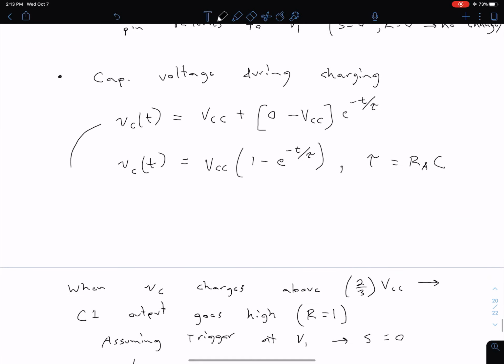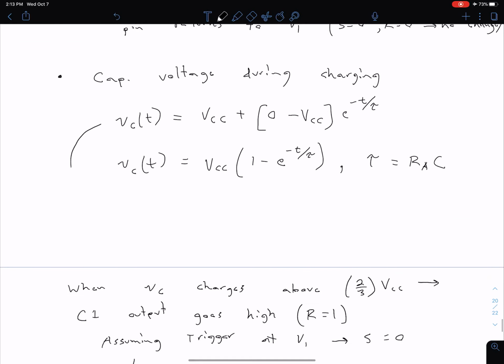So plugging in those values to that previous equation, our VC of T is equal to 2/3 of our supply voltage VCC, and that's equal to VCC times 1 minus e to the negative T, because I'm using capital T for my time, divided by Ra times C. So we can solve for that, and we see that our period of that pulse T is equal to Ra times C times log of 3, which is approximately 1.1 times Ra times C.